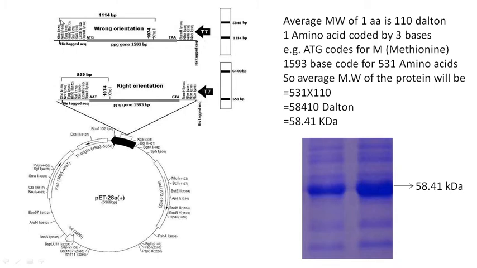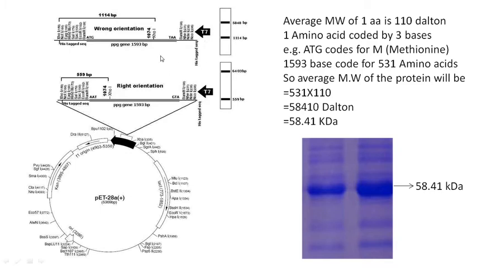So when you transform the cloned plasmid into E. coli, it will grow on the selection marker, and you can isolate the plasmid and digest it.